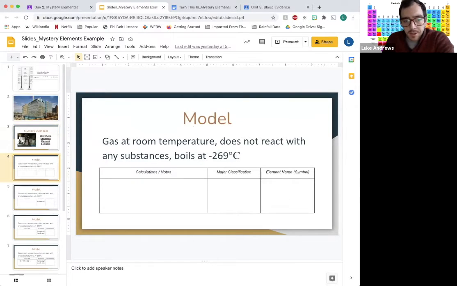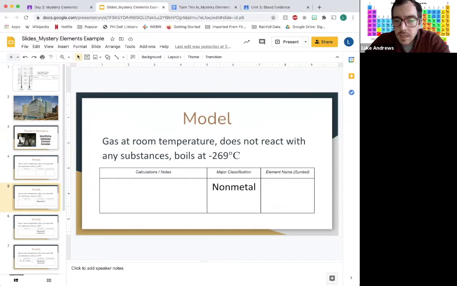So for our first element, we notice that it's a gas at room temperature. It does not react with any substances, and it boils at negative 269 degrees Celsius. If it boils at negative 269 degrees Celsius, that means that at any temperature above that, it's going to be a gas. So that's gas at room temperature. I can draw some conclusions from this now. First, it's a nonmetal.